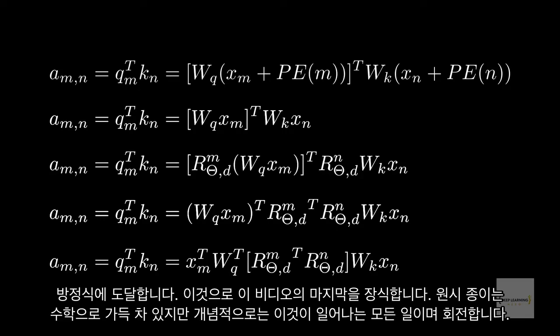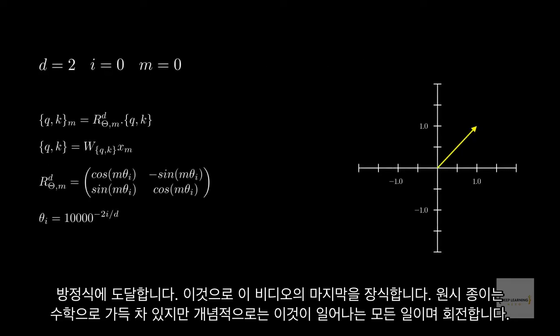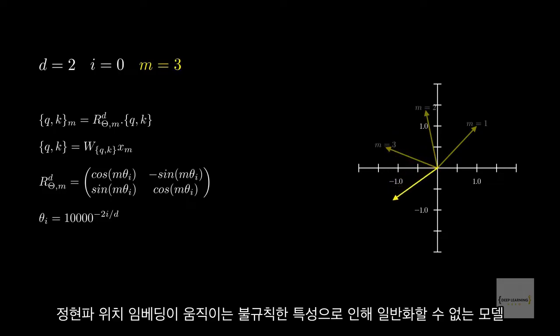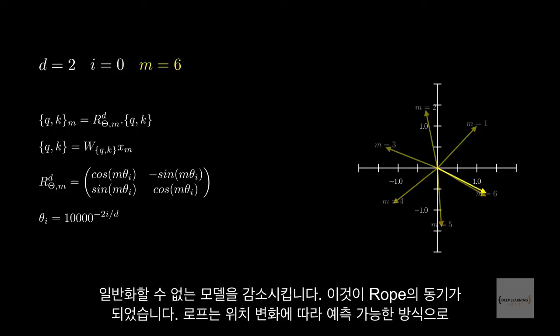Though the RoPE paper is full of mathematics, conceptually, this is all that happens: rotating Q and K by some angle, which is dependent on their position in the sequence. As we saw, the erratic nature in which sinusoidal positional embeddings move produces models that aren't able to generalize beyond training sequence length. This lays the motivation for RoPE.